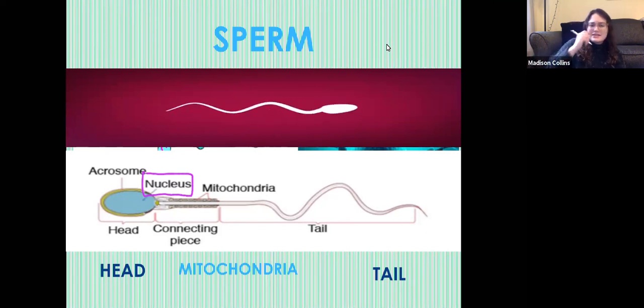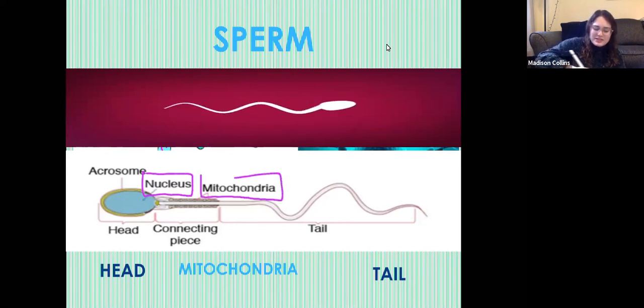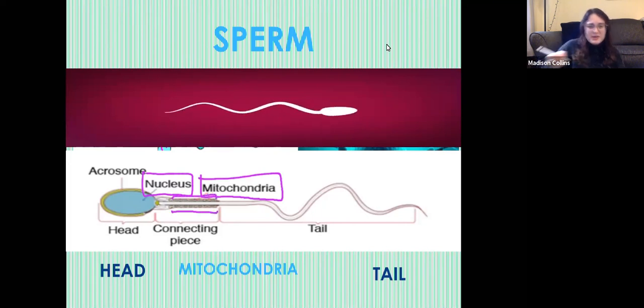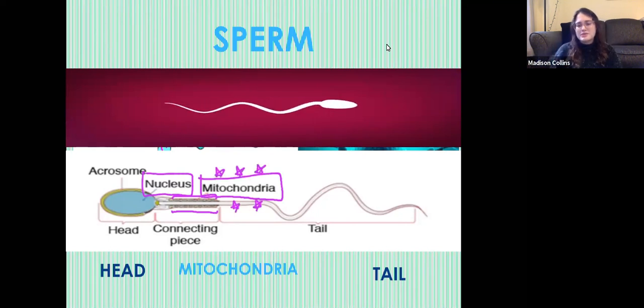Now, the next part of the sperm is covered with a ton of mitochondria. So all of these structures that we see right here are actually mitochondria. Now, I'm not going to tell you why they're there. I want you to figure that out. And we'll talk about that more on the next slide, but why are there so many mitochondria? Be thinking. And the last part of the sperm that we need to know is the tail.